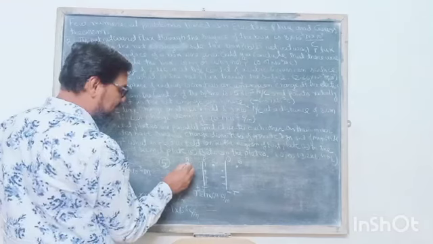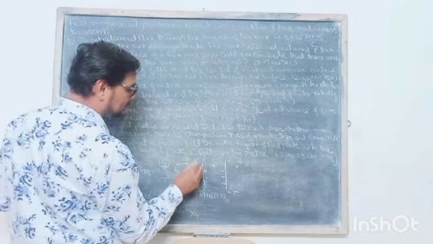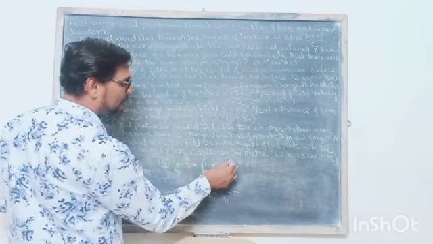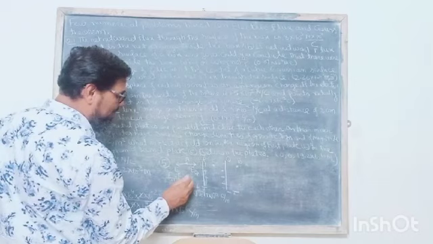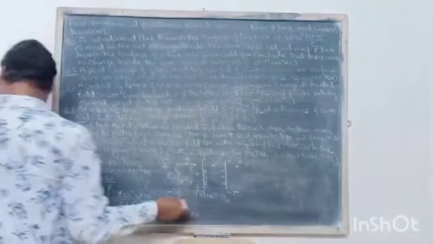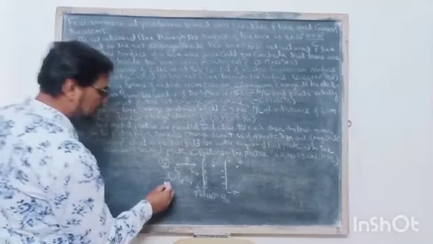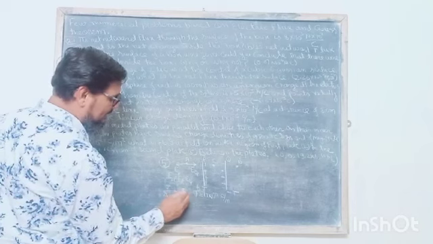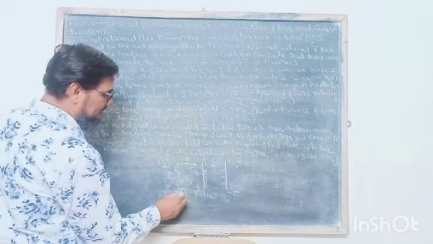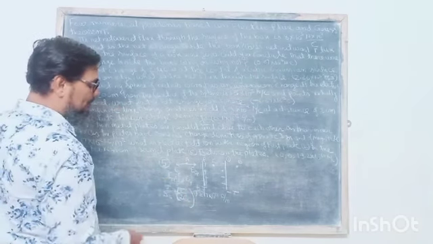If this plate is P, then the direction of electric field intensity will be away from the plate, that is EP, and the direction of electric field intensity due to plate Q will be towards the plate, and the net electric field intensity at point A will be EA is equal to EP minus EQ, which is sigma upon 2 epsilon naught, the electric field intensity due to the first plate, plus sigma upon 2 epsilon naught with negative sign, because both electric field intensities are opposite to one another.